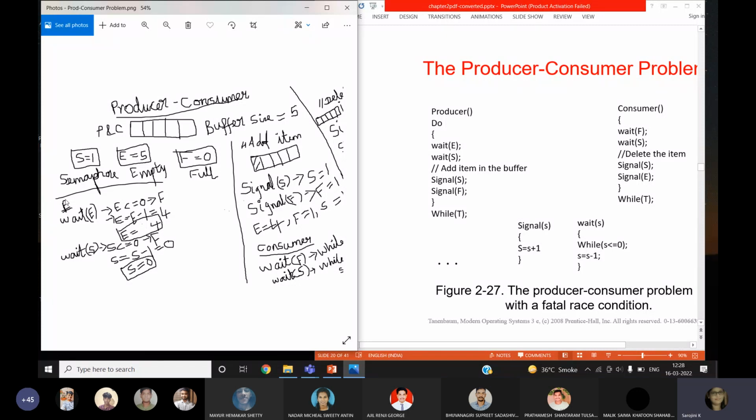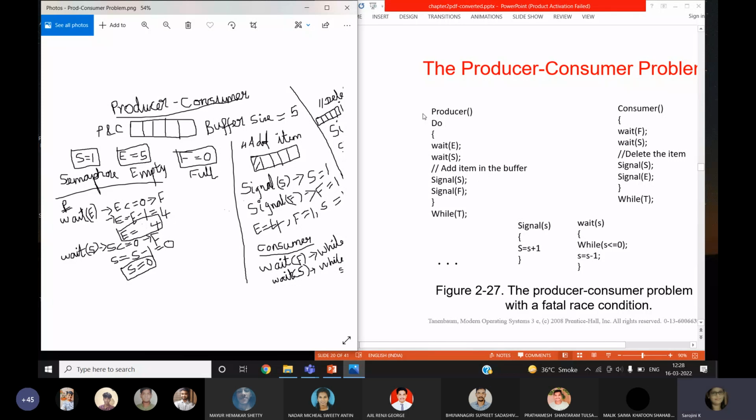The producer. It executed wait of E, and by executing wait of E it changed the E value from 5 to 4. Then the producer executed wait of S. By executing wait of S, the producer changed the S value from 1 to 0. These two the producer executed. Now what it is doing is accessing the buffer.